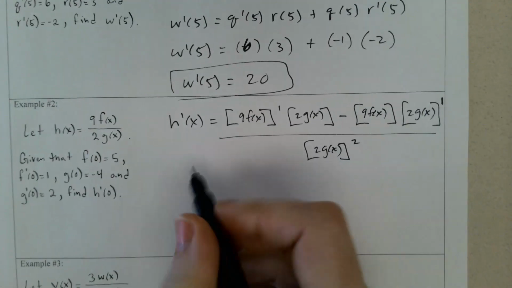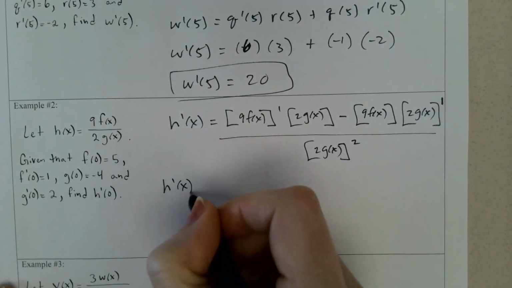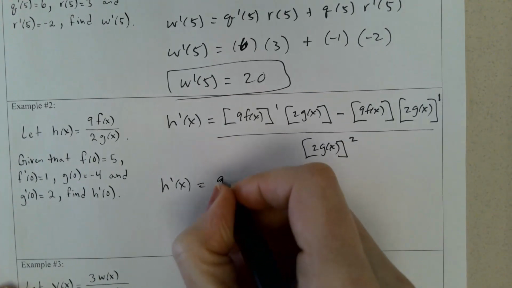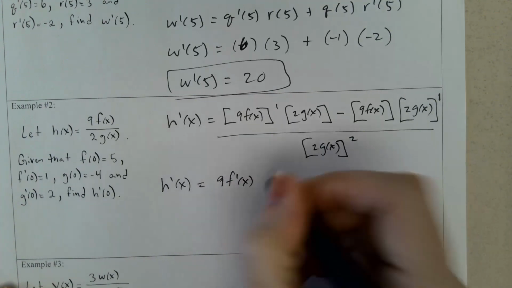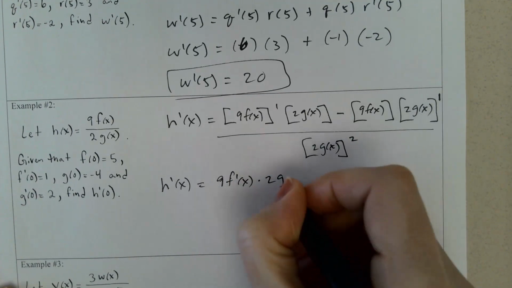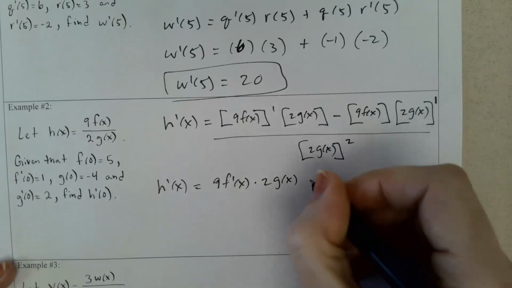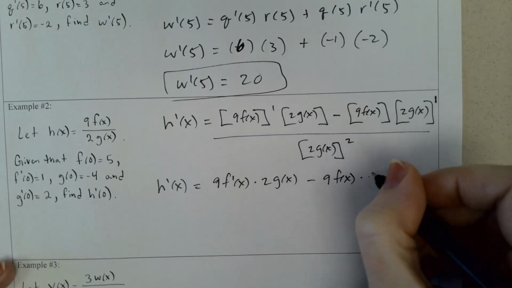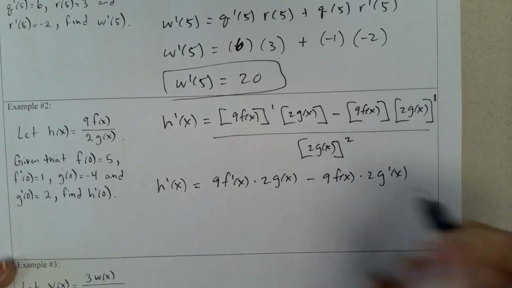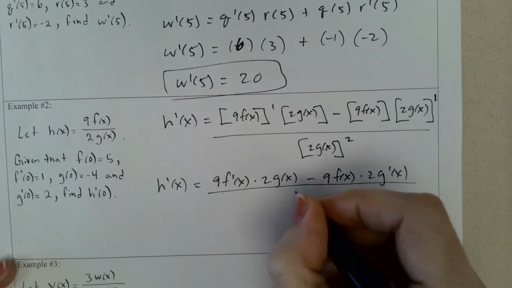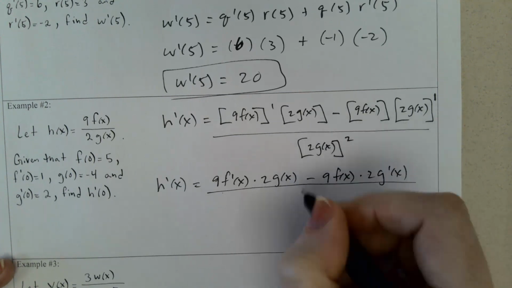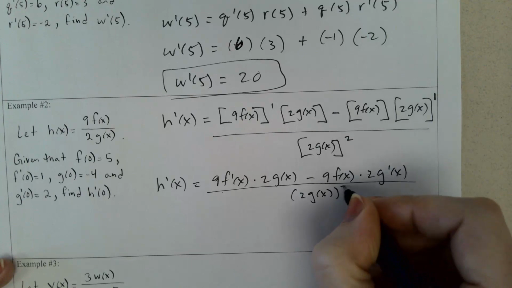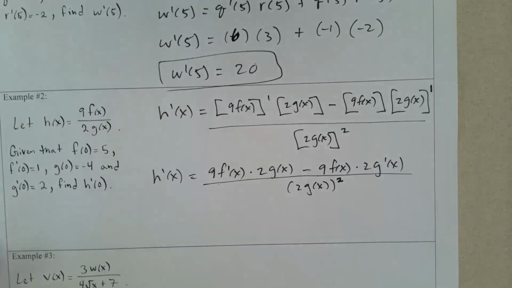Okay, so h prime of x equals, now the 9 just comes down, f prime of x times 2g of x minus 9, there's really not much room here, times 2g prime of x, all over 2g of x squared.